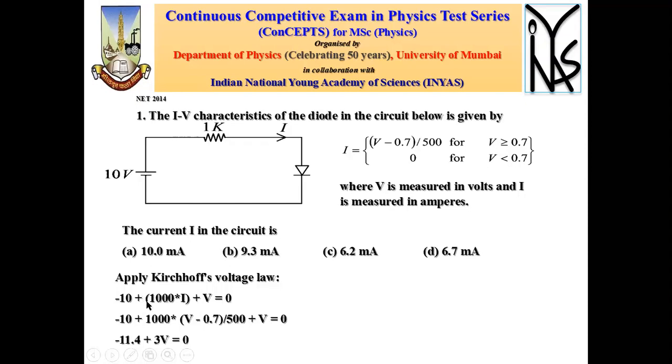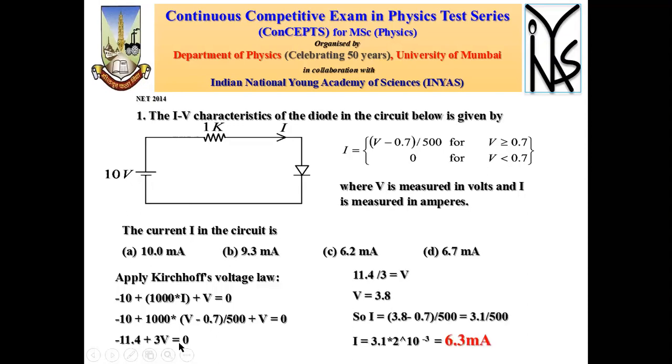So we will use the 1000 ohm resistor multiplied by some current I, plus the voltage across this diode, that will become 0. So minus 10 volt is balanced by the voltage across this resistor and the voltage across this diode. So what will happen? Minus 10 plus 1000 into (V minus 0.7) volt upon 500 plus some unknown voltage V across the diode, that will become 0. So if you solve this, you will get minus 11.4 volt plus 3V equal to 0.